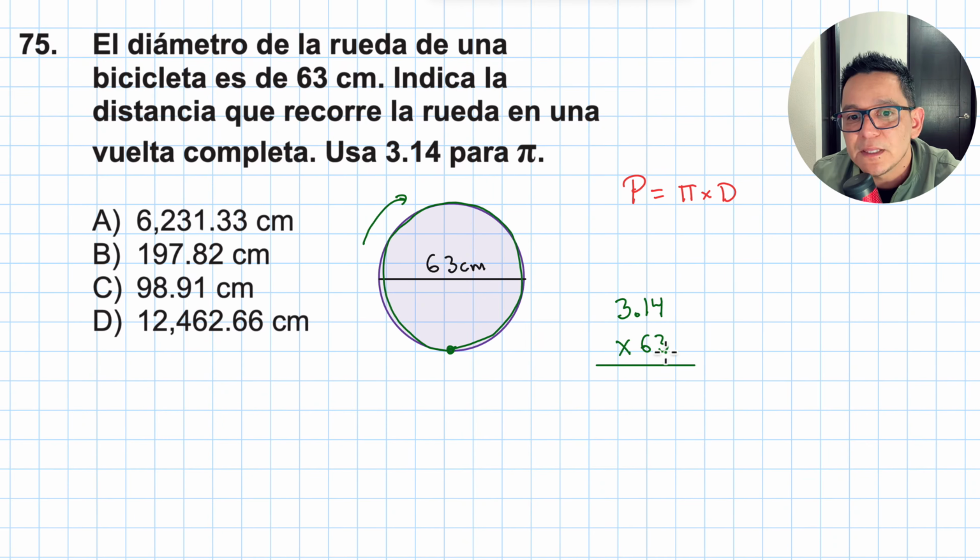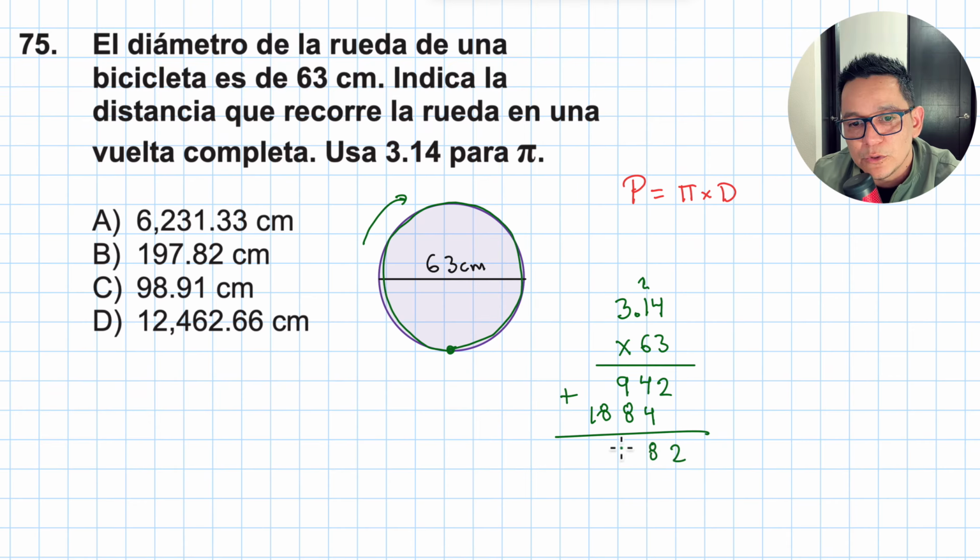All right, let's quickly do the multiplication. 3 times 3 is 9, 3 times 1 is 3, 3 times 4 is 12. Now with the 6: 6 times 3 is 18, 6 times 1 is 6, 6 times 4 is 24.